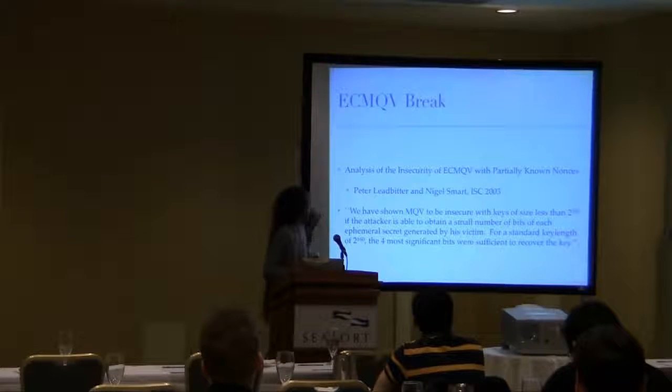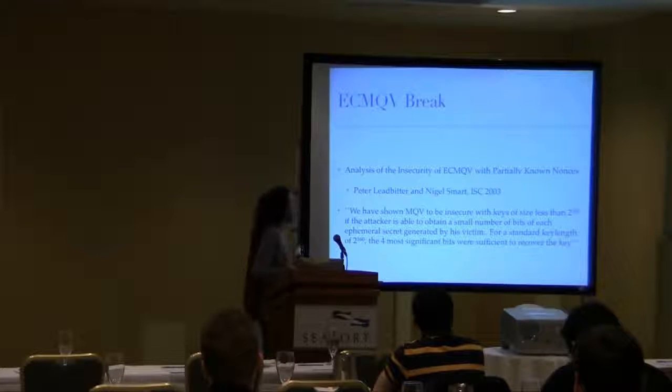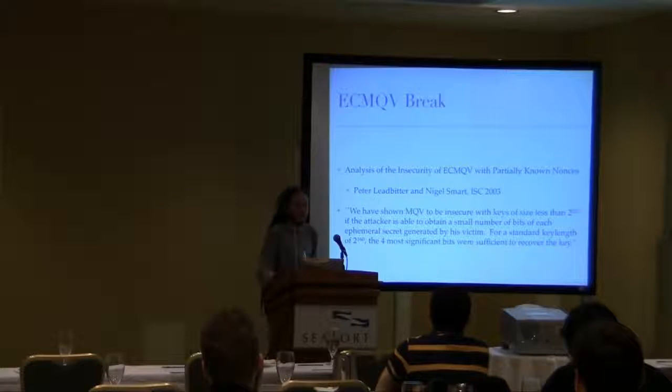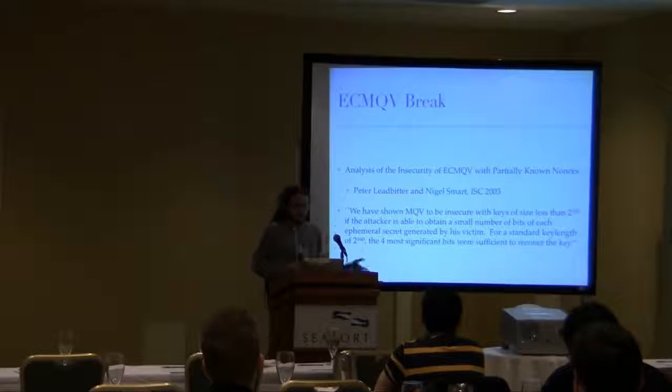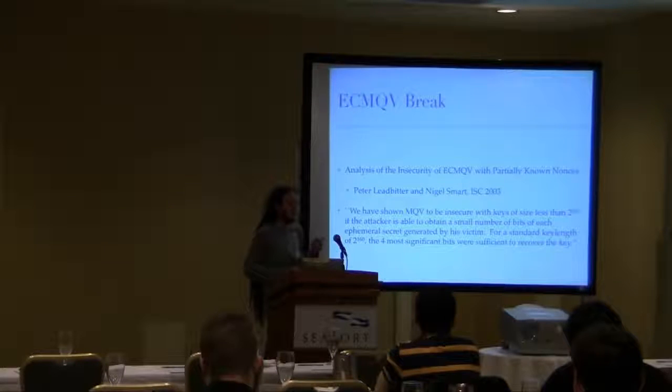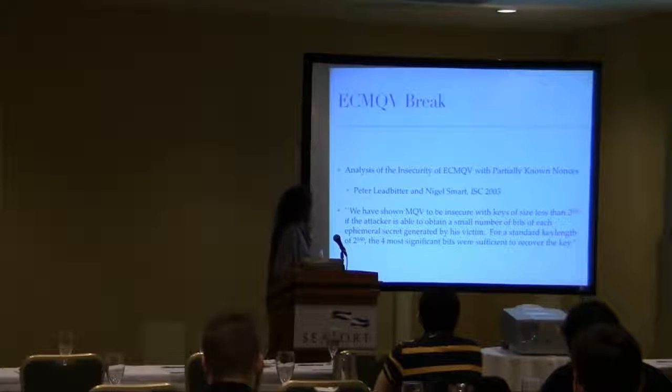The break itself came from Peter Leadbitter and Nigel Smart at ISC in 2003. The paper is entitled Analysis of the Insecurity of ECMQV with Partially Known Nonces. The conclusion of the paper is that they show it to be insecure for key sizes less than 2 to the 320th. That's 320 bits in elliptic curve style, which is, does anyone know? 3,000 bits by the RSA measure.